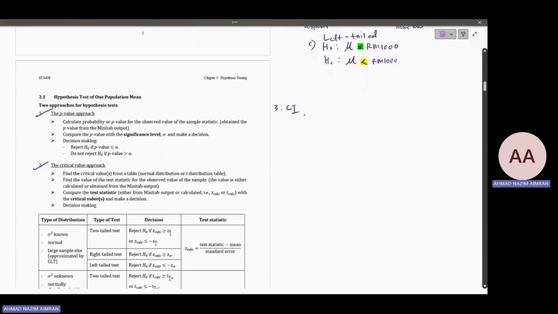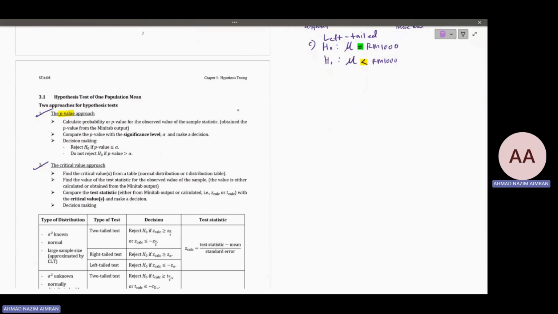Now we are focusing on the p-value approach. Since the module only discusses two approaches, I think we are not going to discuss the third approach, because maybe only these two approaches are focused on in your syllabus.